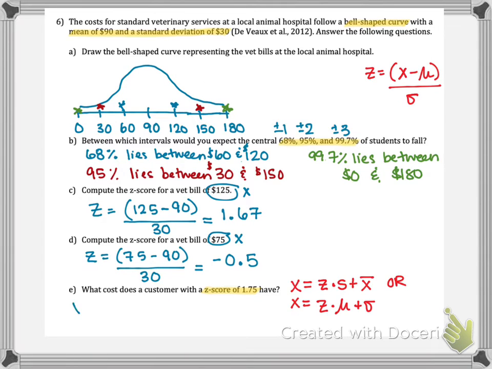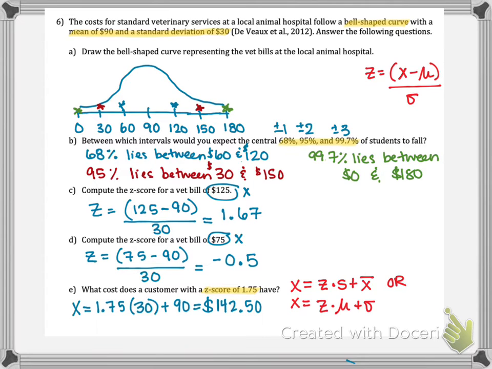So our formula would look like x equals, we take our z-score of 1.75, multiply by the standard deviation of 30, and then add 90. And if you do that, you end up with a cost of $142.50.